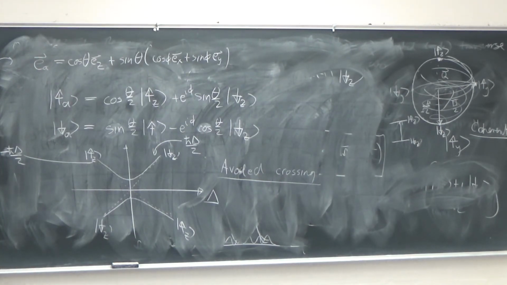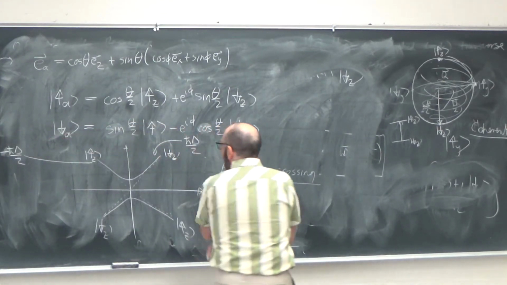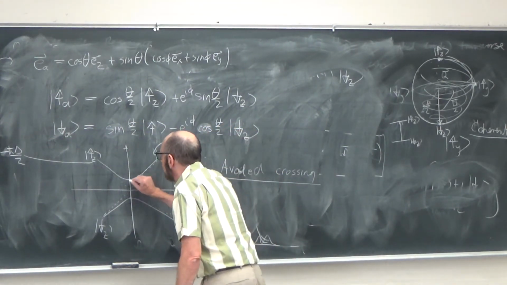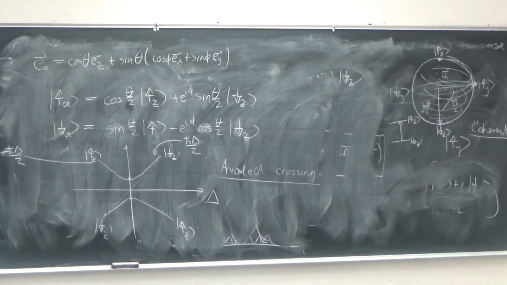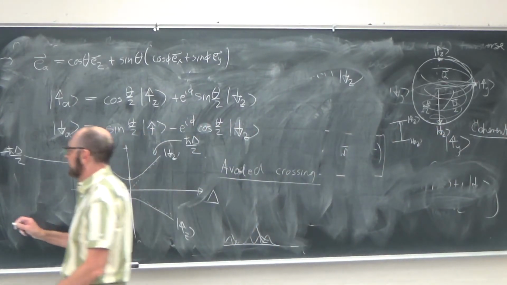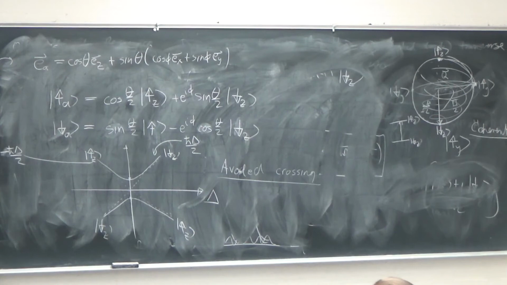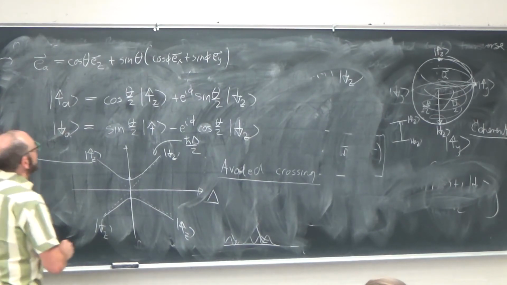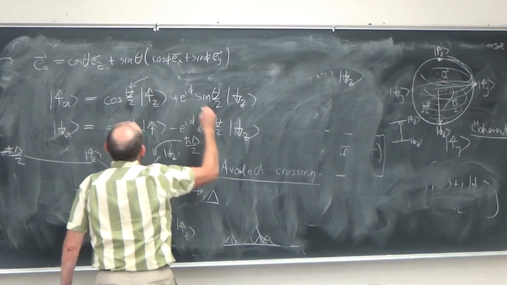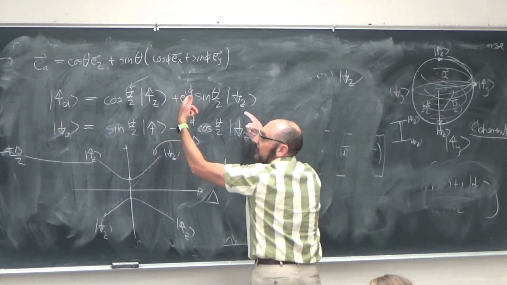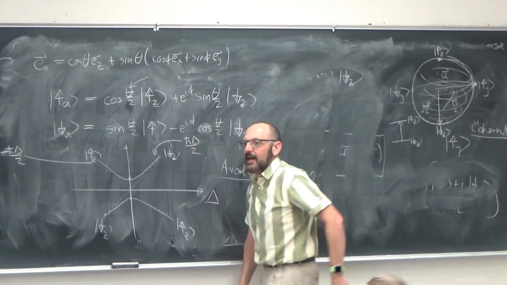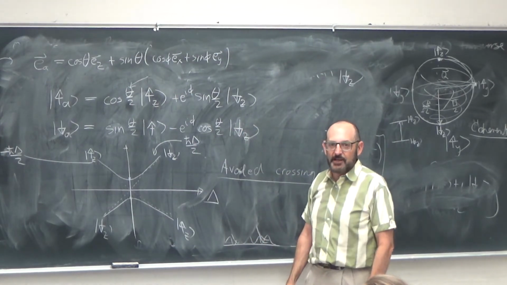So, now I ask you, before we quit here, what are the eigenstates at delta equals 0? In particular, what is the mixing angle? So theta here determines how much superposition I get between up and down, right?